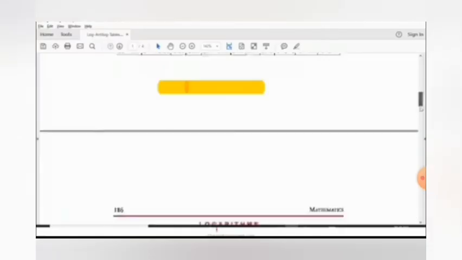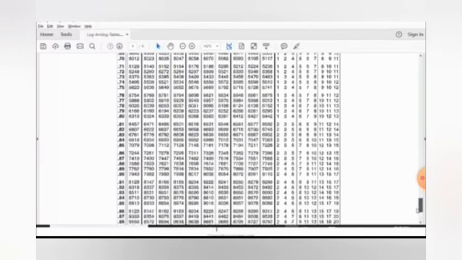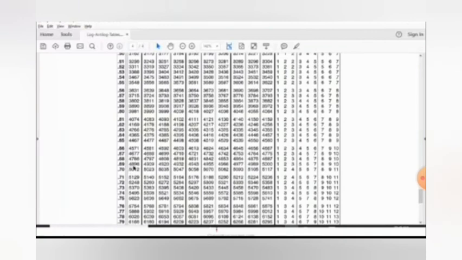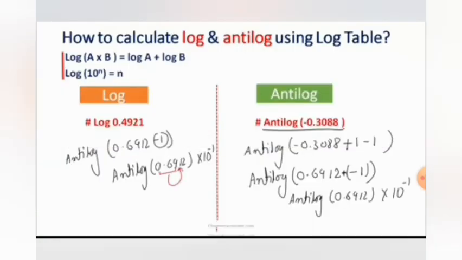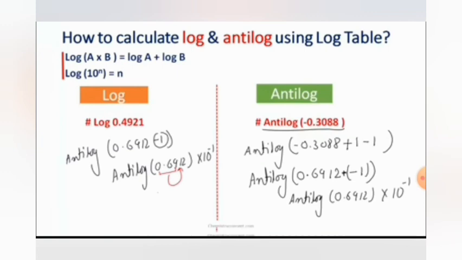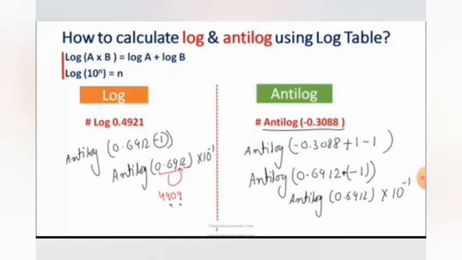Select 0.69 first, then move across 0.69, and take the value corresponding to the 1 column, and add the mean difference value corresponding to 0.69 from the 2 column. Therefore the value becomes 4904, and then the mean difference value should also be added: 4904 plus 2, that is the mean difference.